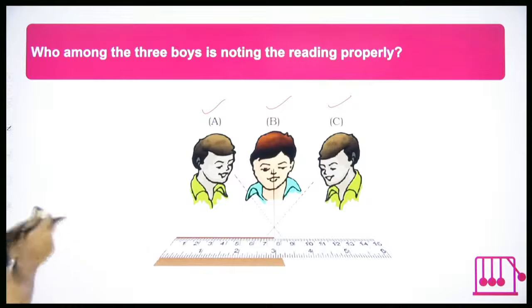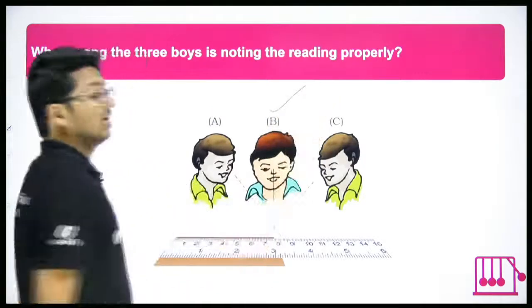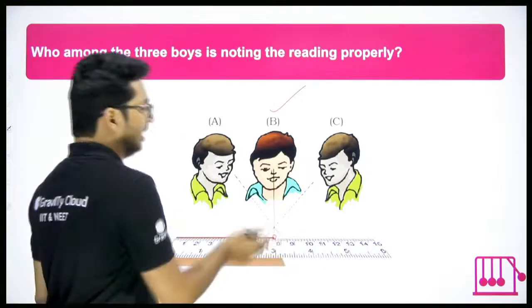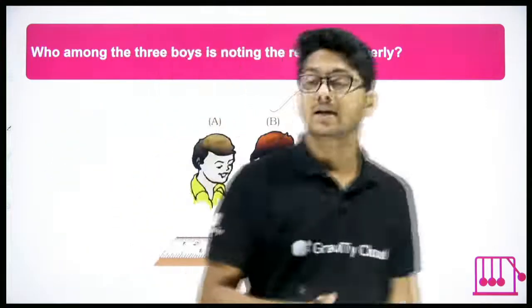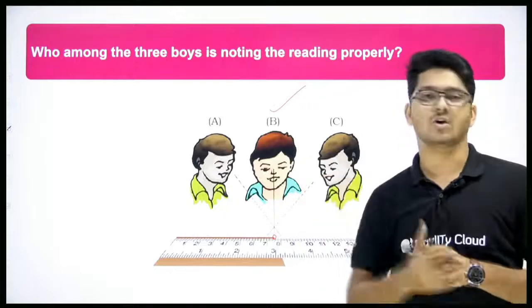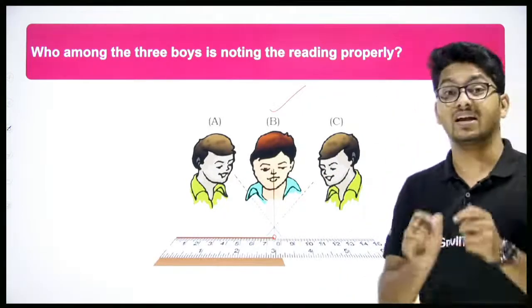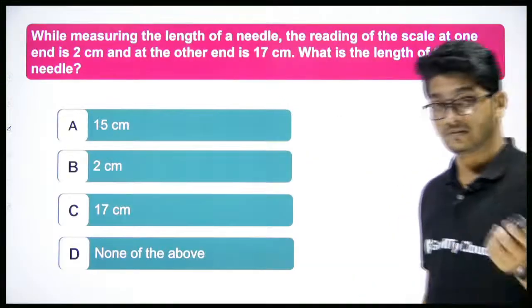The correct answer is B. B is taking down the reading properly, because B is directly above the reading. So B is getting it correct, and A and C are not exactly correct. They'll get slightly wrong readings. There are chances, but B will get a correct reading. Simple? Good. Next.